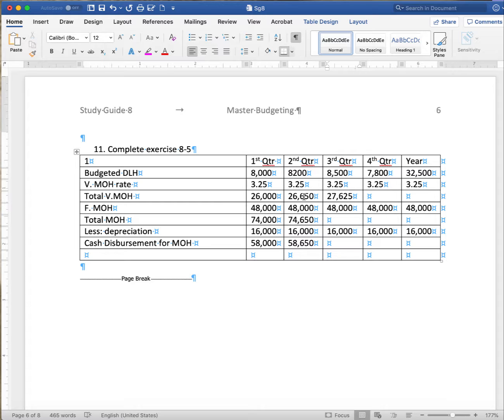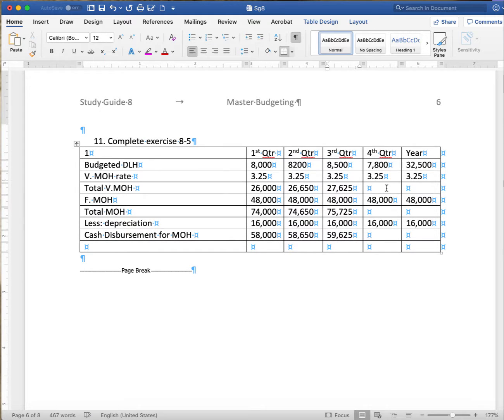To the variable, I am going to add the total fixed of $48,000. That gives me a total of $75,625. I'm going to subtract out my depreciation of $16,000. I got $59,625.